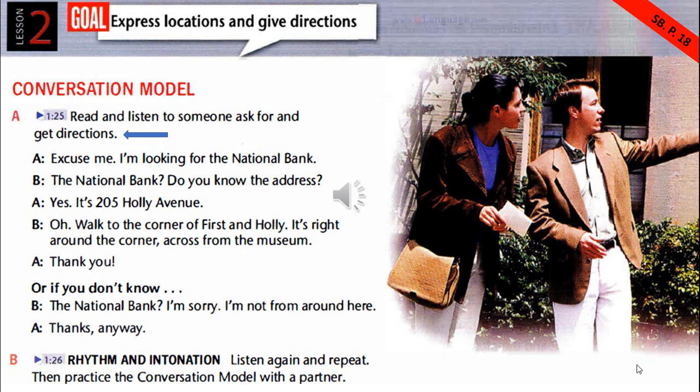So let's listen carefully and try to focus on the vocabulary while you are listening. Let's start. Page 18, Conversation Model. Exercise A. Read and listen to someone ask for and get directions.